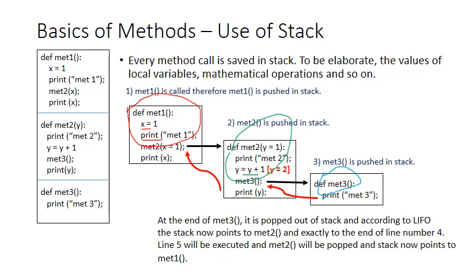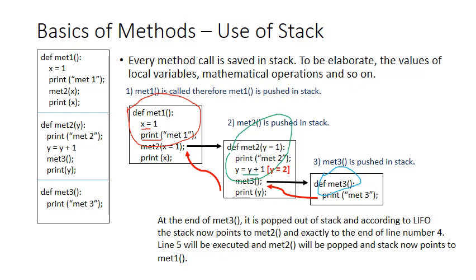Similarly, we increase the value of y in met2 and then call met3, circled in blue. Whenever the execution of met3 is finished, it goes back at the end of met2.